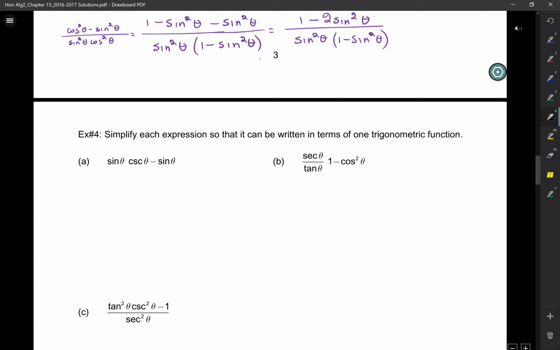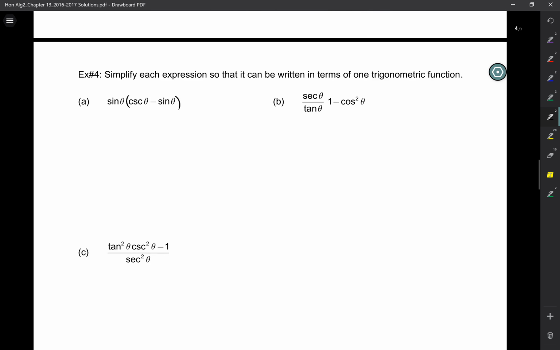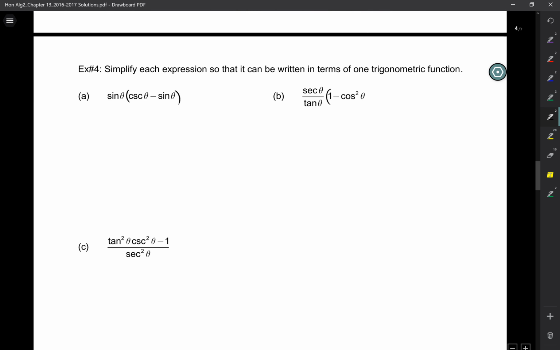Okay, so let's do this one now. Simplify so that it can be written in terms of one trigonometric function, right? Okay, so now, sine of theta times cosecant minus sine. Okay, what's cosecant? Now, none of these are squared, so I can't use the Pythagorean identities because all the Pythagorean identities have squared. Right.